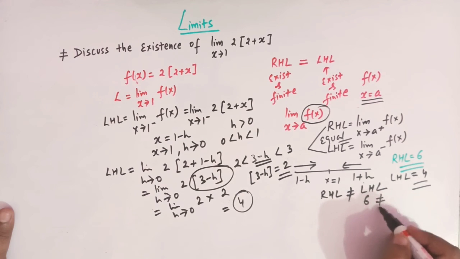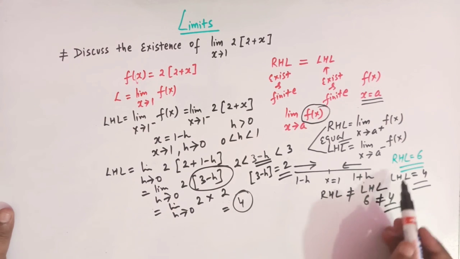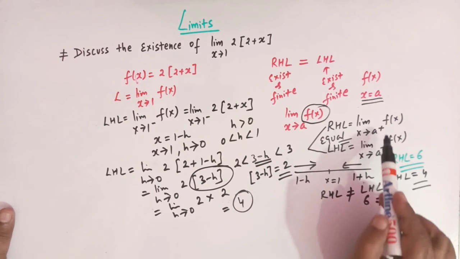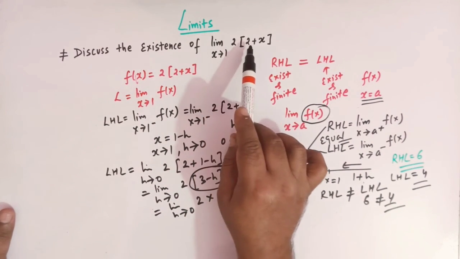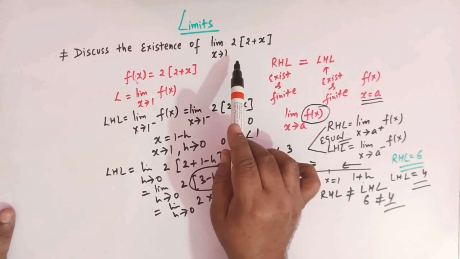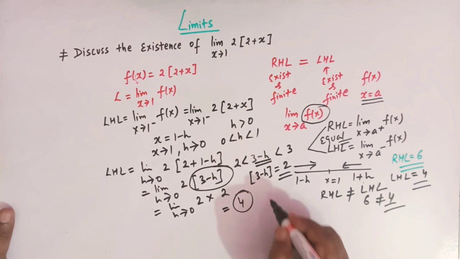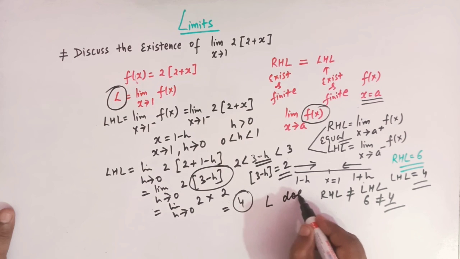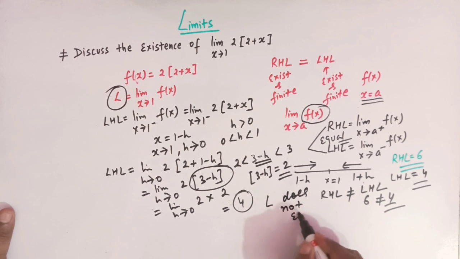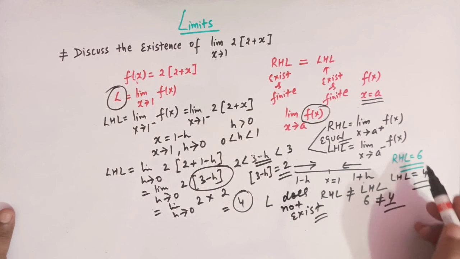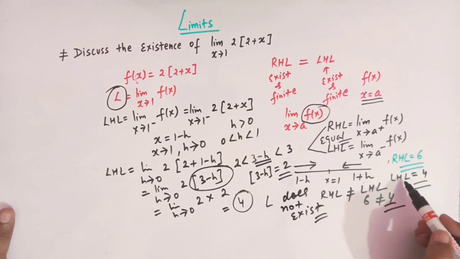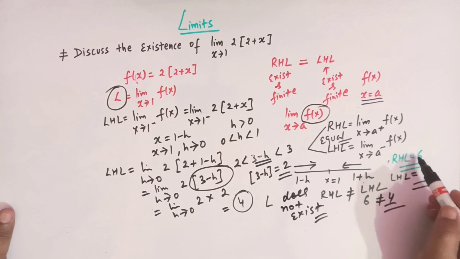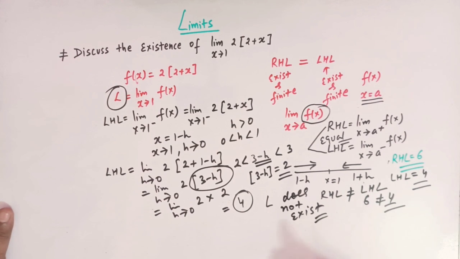So 6 is not equal to 4. So we conclude that by this definition the limit of this function when x tends to 1 does not exist, right? So this limit does not exist because the right hand limit and the left hand limit, although they exist and are finite, are not equal.